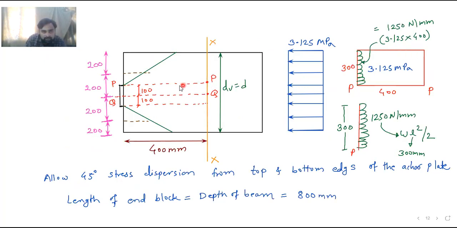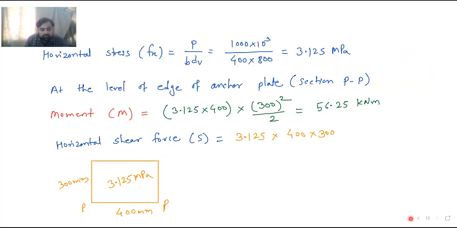This P point up to this above section. I am talking about this point. This horizontal is 400. This vertical is 300. And on this area, you can see here the intensity is this much. This is 3.125. So that is what we are taking for the calculation.